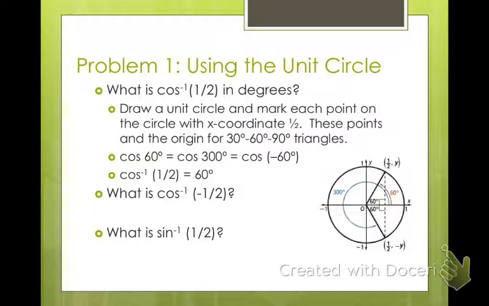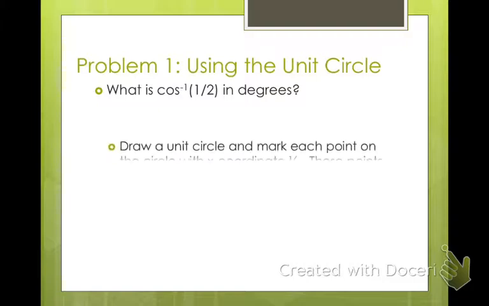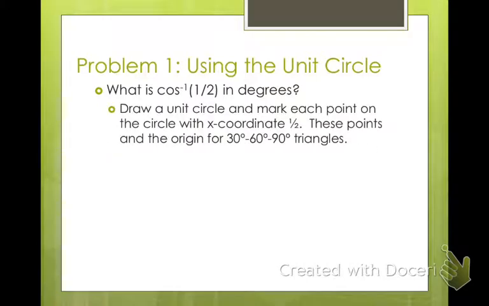So using the unit circle, what is cosine inverse of 1/2 in degrees? We're going to convert the inverse of cosine evaluated at 1/2 in degrees. The first thing we're going to do is draw a unit circle and then mark each point on the circle with x coordinate 1/2, because cosine represents an x value.